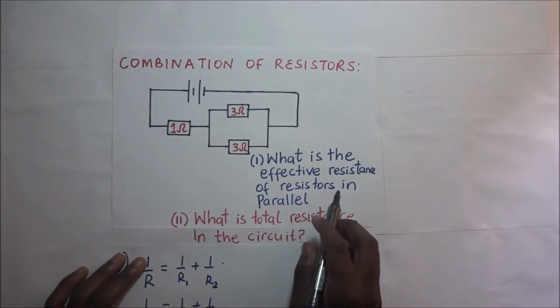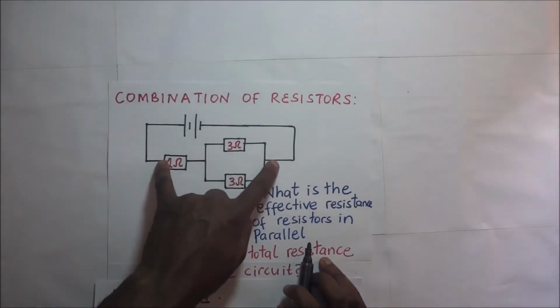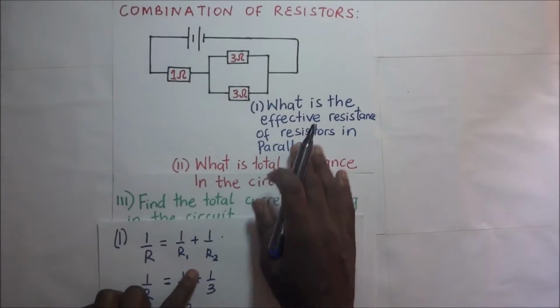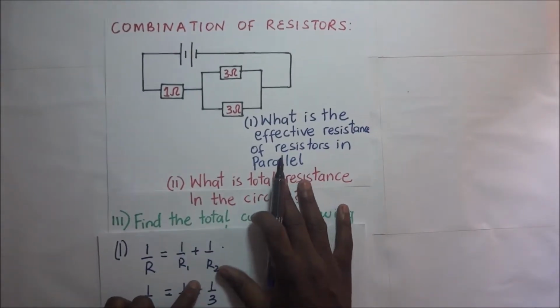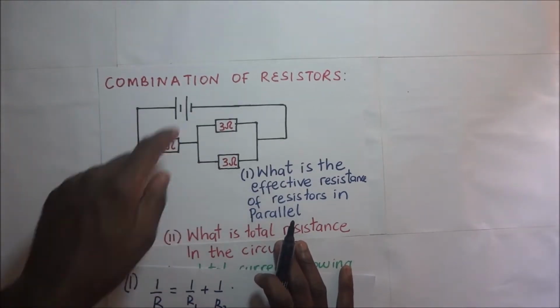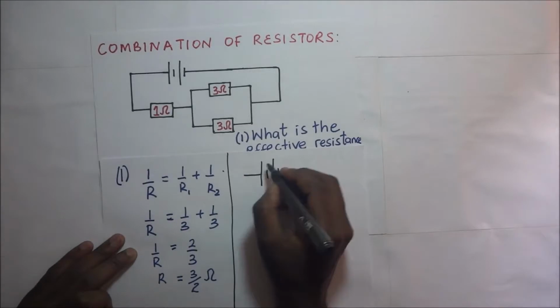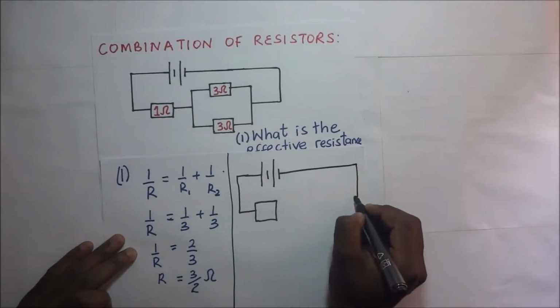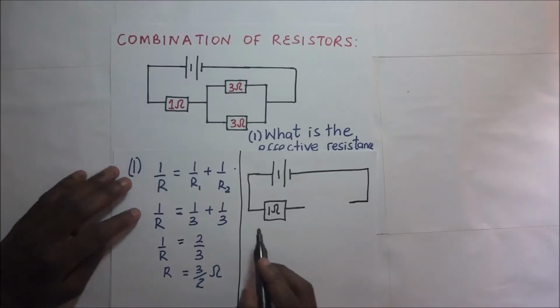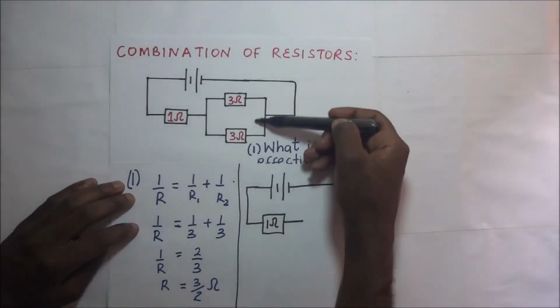Now, after finding the effective resistance of the resistors in parallel, our circuit diagram is going to change. For us to find the total resistance in the circuit, the diagram will change like this.